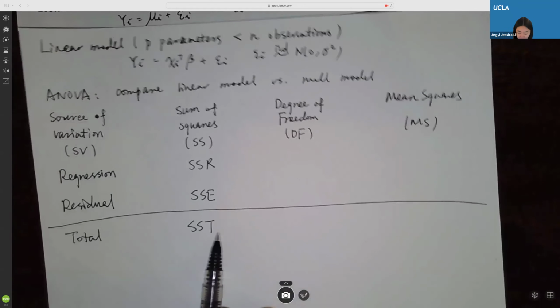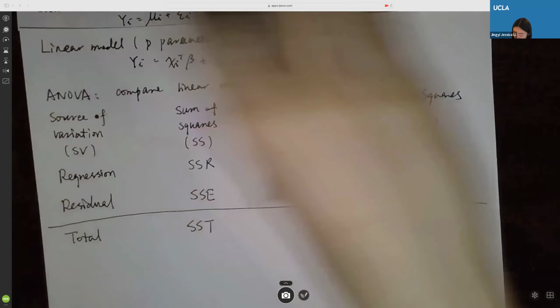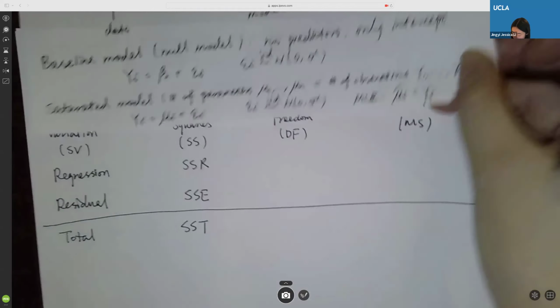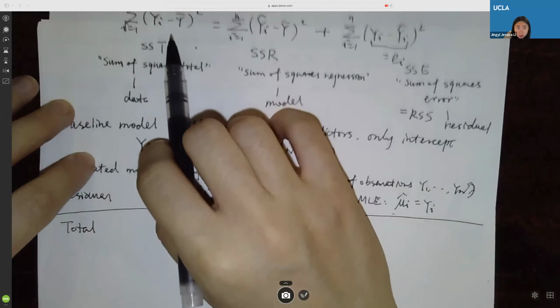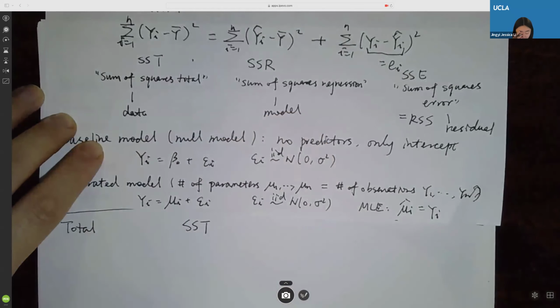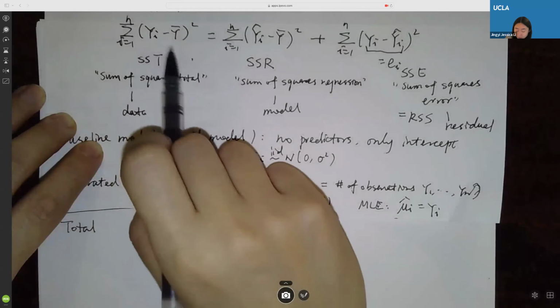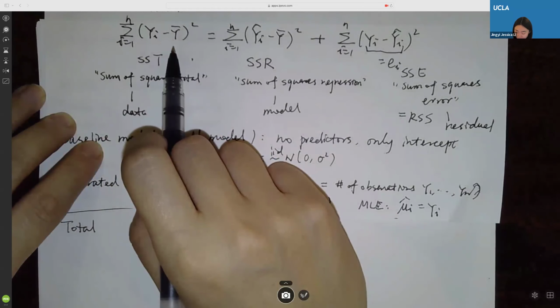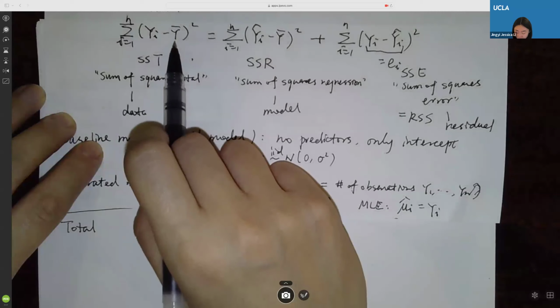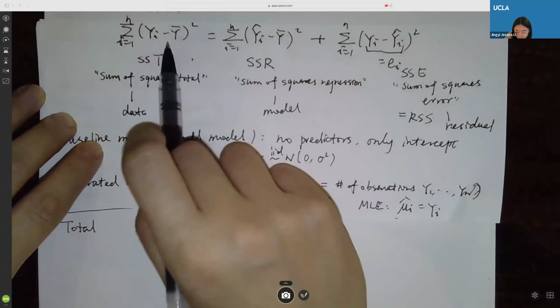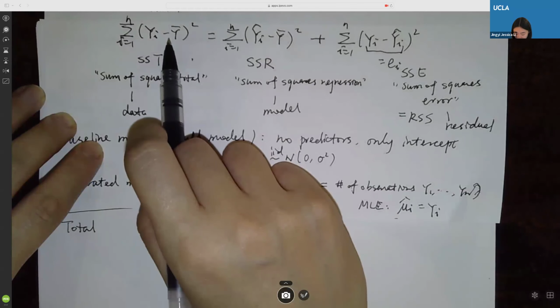And for degrees of freedom, this is very important. It's related to the formula here. What is the degrees of freedom in SST? This is something we said last time or the time before. If we are talking about variance, we lose 1 degree of freedom because we don't care where the average is. We can shift the average while maintaining the same variance.